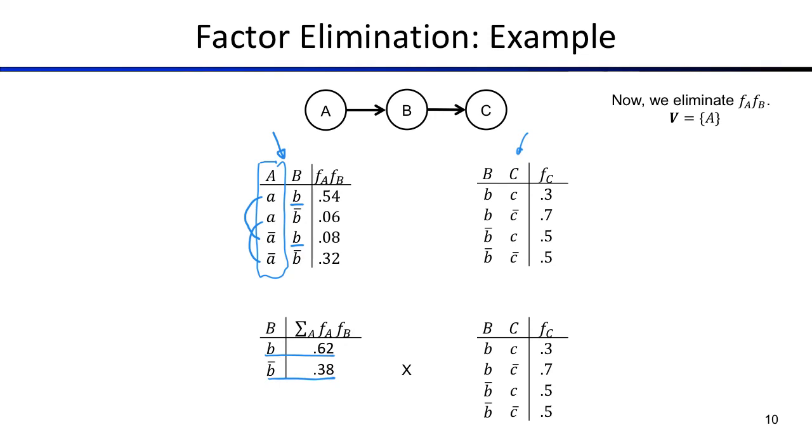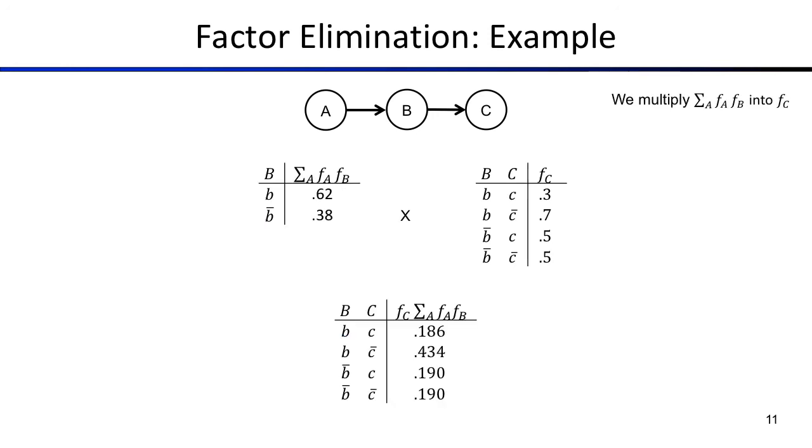So we eliminated the variable A. Now we have a factor that only mentions the variable B. We're going to call this the sum over A of FA FB, and we have this resulting factor that we're going to multiply by the only remaining factor, that is FC. I'm going to do this multiplication in the next slide.